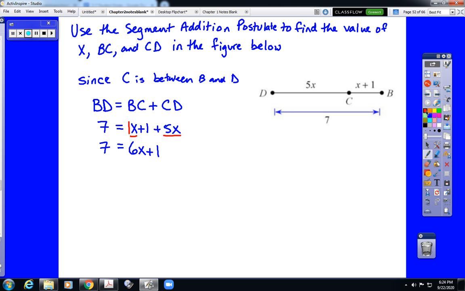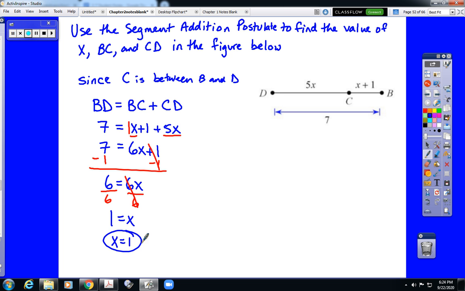Then we would subtract 1 from each side of the equation, which would give us 6 equals 6x. The final step then would be to divide each side by 6, which would give us 1 equals x, or using the symmetric property, the value of x is 1. So that's the first answer we were asked to provide.